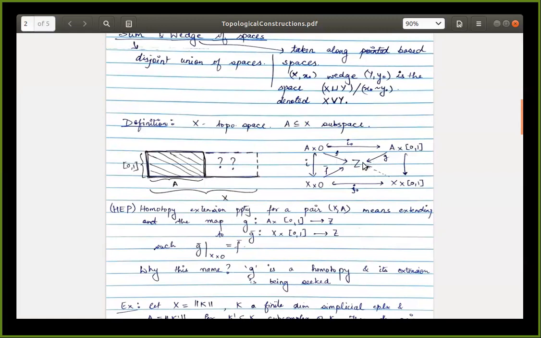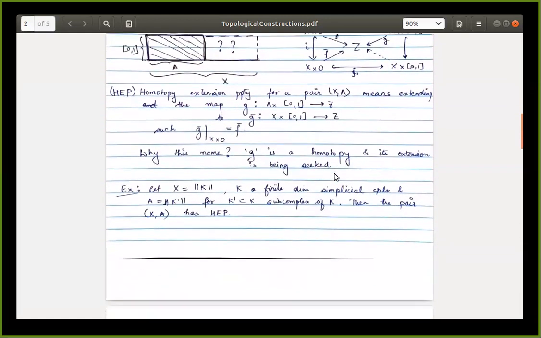So you are given this map G, okay, you're given this map F bar, which is extending this F. We are asking that this map should exist. Okay, so this is a map which extends this map as well as this map. And that is the case when this is going to be commutative. Okay, so homotopy extension property for a pair (X, A) means extending the map G to G bar such that G bar agrees with F bar.